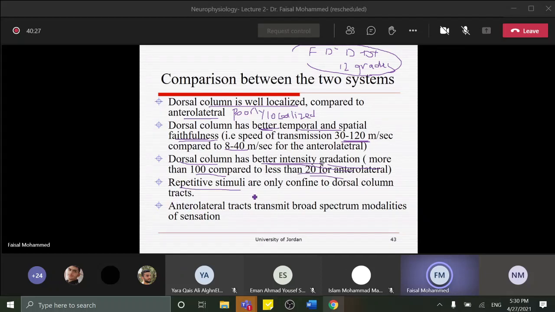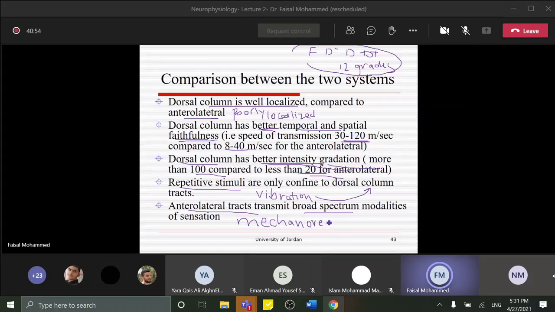Now regarding repetitive stimuli, we said vibration does not pass in the anterior lateral. Vibration is only in the dorsal column. The anterior lateral tract transmits a broad spectrum. It's not just mechanoreceptive, which is crude touch and crude pressure.